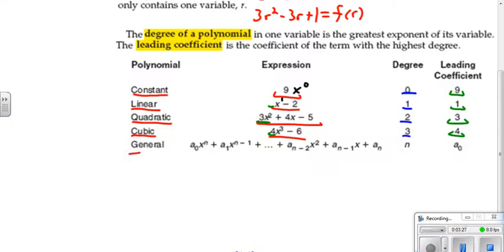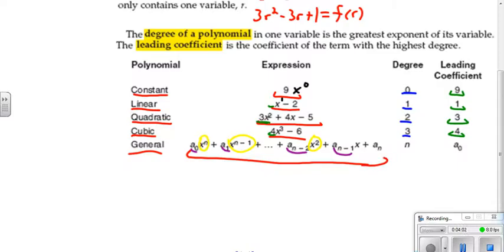So in general, our general form is if we have all of these versions, all these different terms, all of these a sub 0, a sub 1, a sub n minus 2, a sub n minus 1. Those are all the coefficients that come in front of x, and then those are being multiplied by different powers of x: x to the n, x to the n minus 1, x to the 2, and so on.